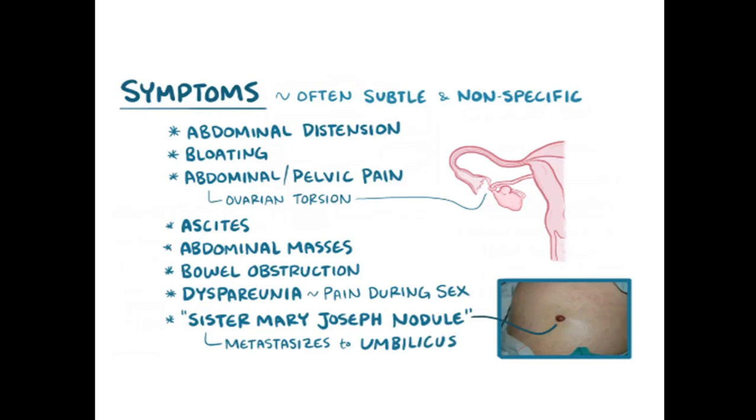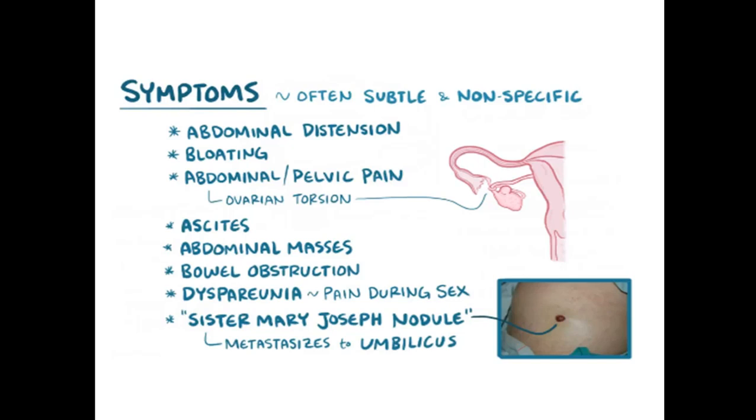And if the ovary is twisted, for example in ovarian torsion, it will give rise to severe pain. Sometimes the patient develops ascites, fluid in the peritoneal cavity, and when we examine the patient, sometimes we can see abdominal masses, and potentially they can give rise to bowel obstruction. Another important symptom is dyspareunia, which is the pain that the female experiences during intercourse.